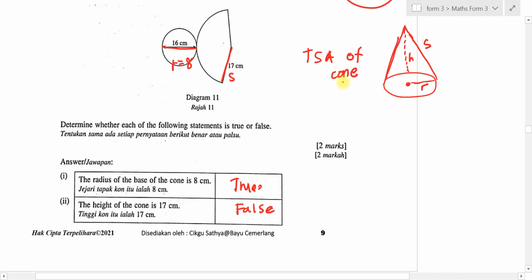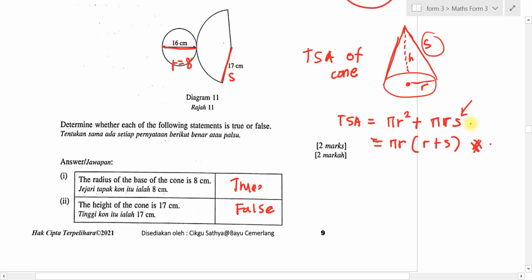For the total surface area of a cone, you take the circle first, pi r square, and pi rs. You have one circle and one curved surface, right? The formula for the curved surface is pi rs. So normally we will factorize this: pi r plus s. That is the formula. See, for total surface area, we never ever use the height. We only use the slanting height.